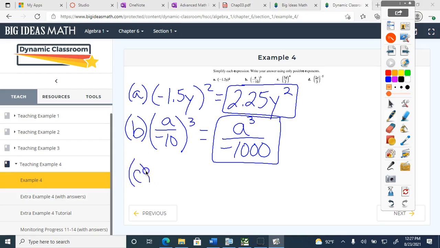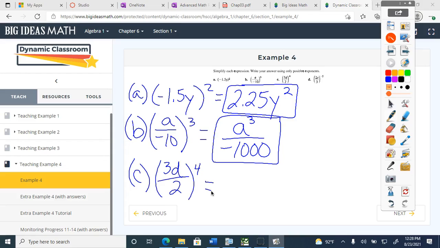C, 3d over 2 to the fourth power. Now, I want you to understand, if you haven't noticed yet, we always put the number parts in the calculator. So what's my number part inside the parentheses here? 3 over 2.